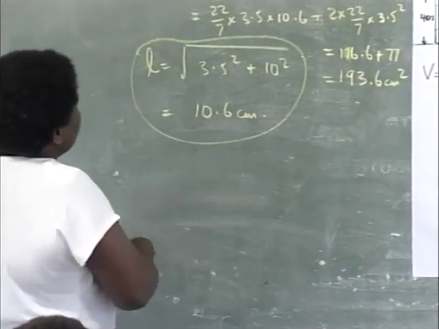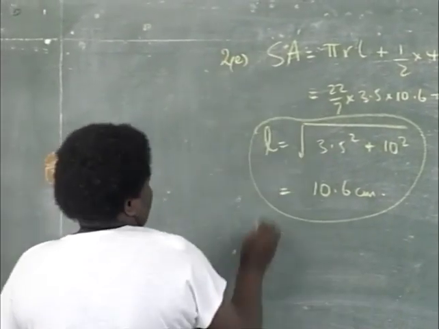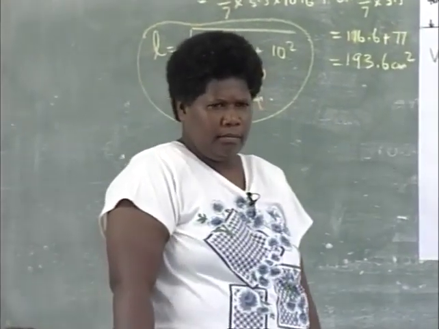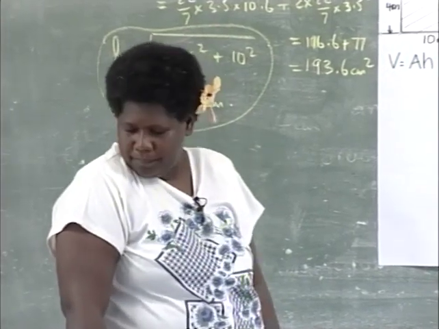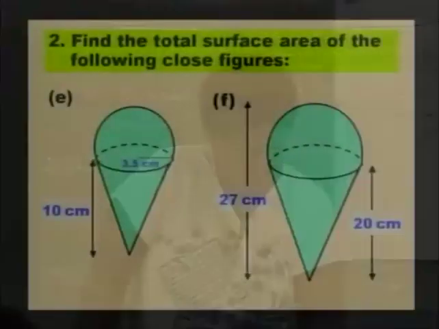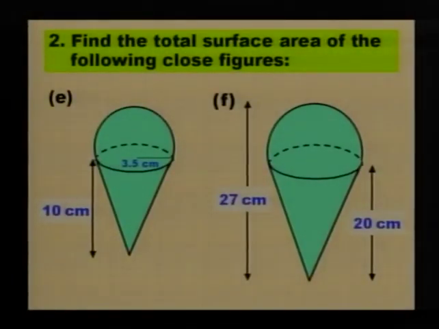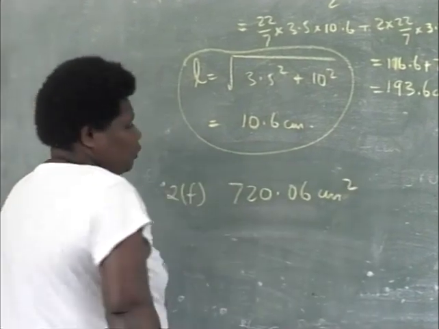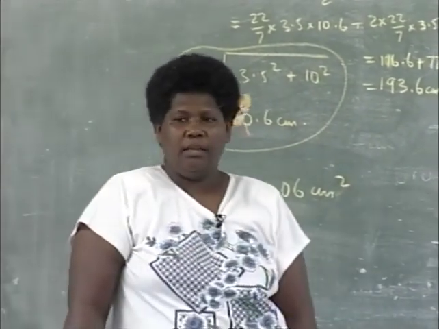Next one, that was 2E. 2F. Can you give us the answer for 2F? 720.06 square centimeters.